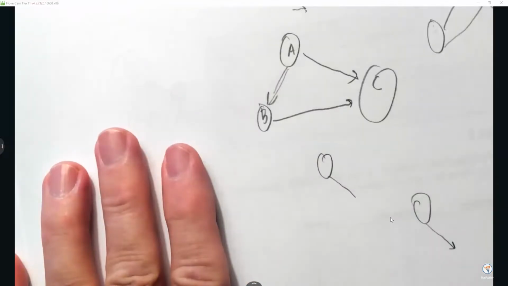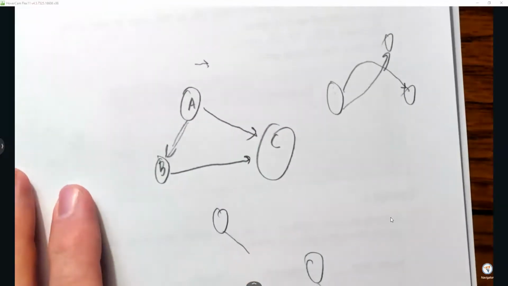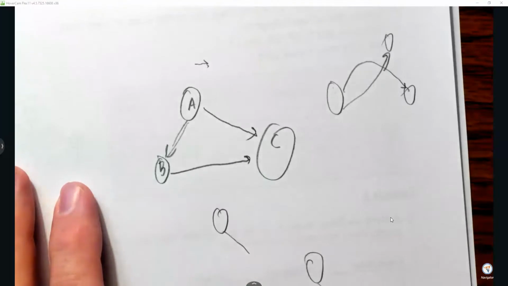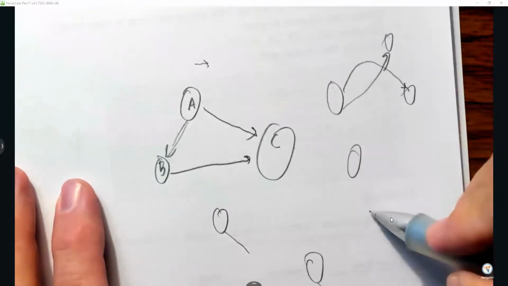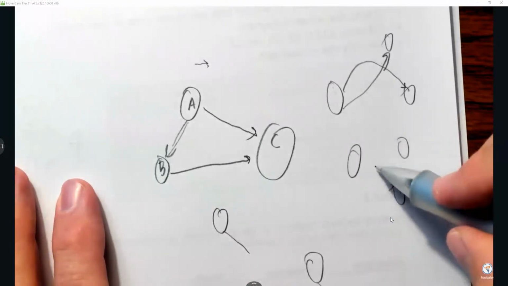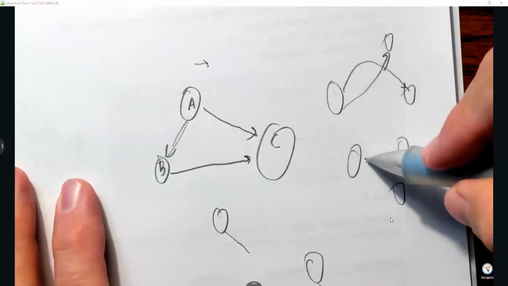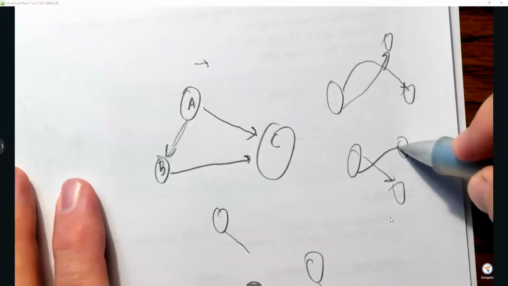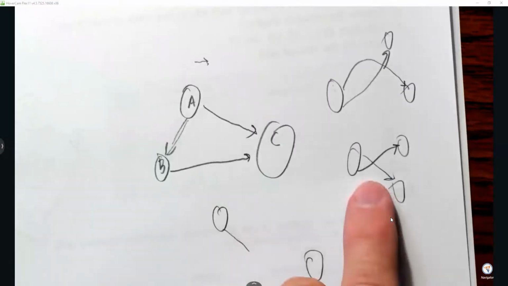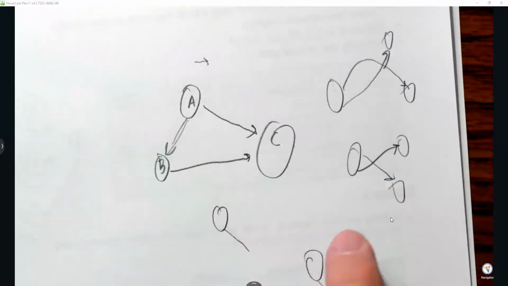Don't do anything like that where your lines are not clear. Don't do this and then this, because you're getting your lines crossed. It increases your likelihood of making a mistake.